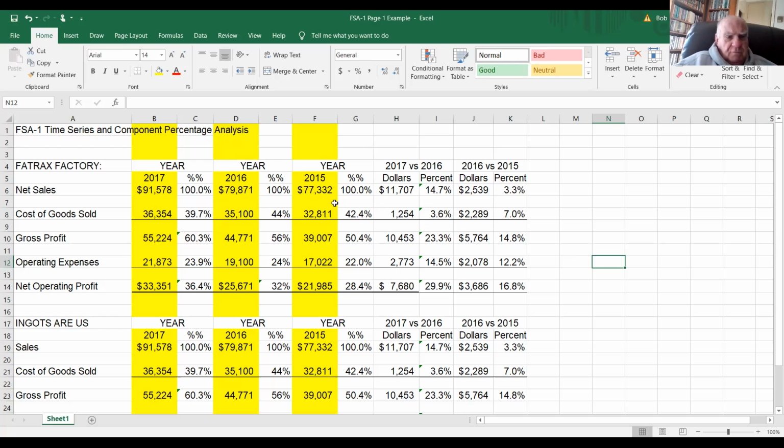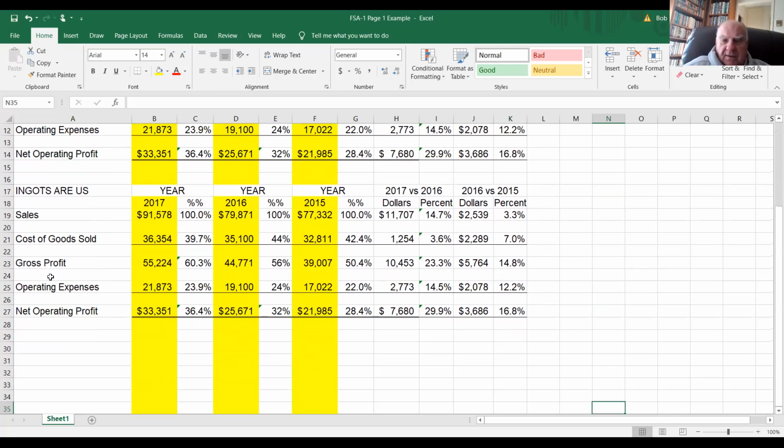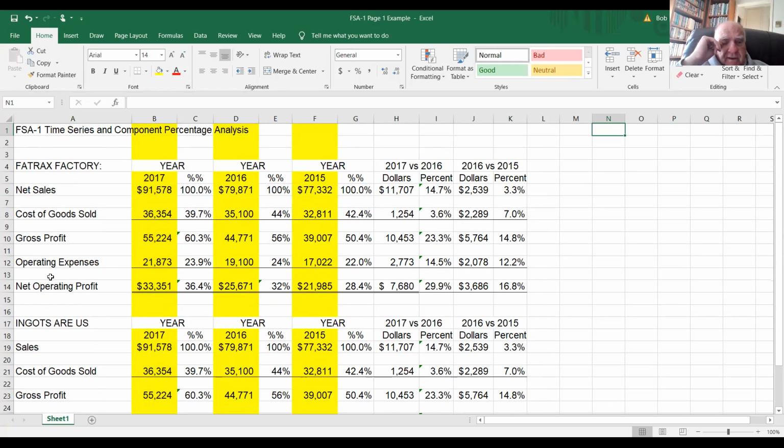So you're going to go to General Mills first or Kellogg's, and you're going to do one company on top and one on the bottom. And I want this portion of the front page to look exactly like this, okay? And then you are going to drop your numbers in.